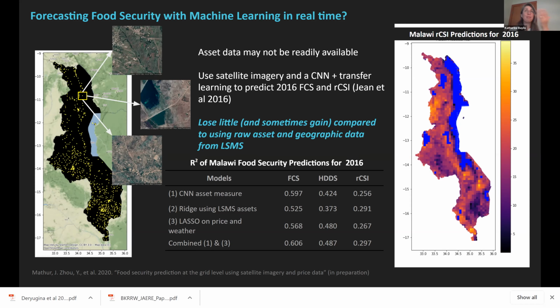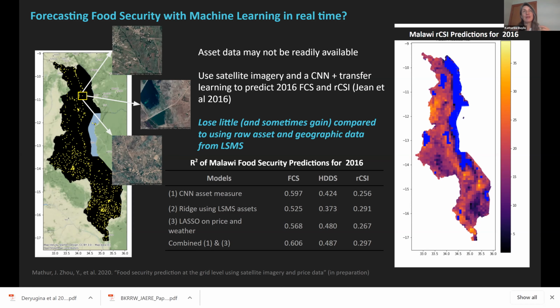The reason I wanted to mention this work that's very much in progress is that I think this shows where machine learning can really allow us to get access to, or make use of, novel data sources and combine them. So combining satellite imagery data with remotely sensed data, with survey data, and getting something that's better.